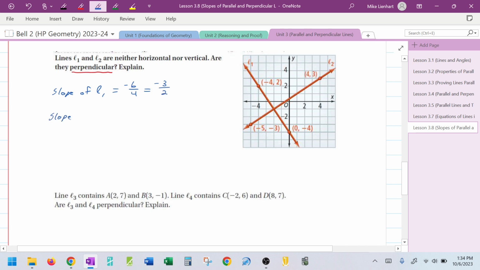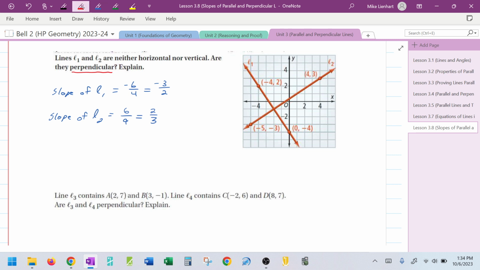Now let's find the slope of L2. I'm going to again count. 1, 2, 3, 4, 5, 6. 1, 2, 3, 4, 5, 6, 7, 8, 9. So I went up 6 and 9 to the right, which simplifies to 2/3.